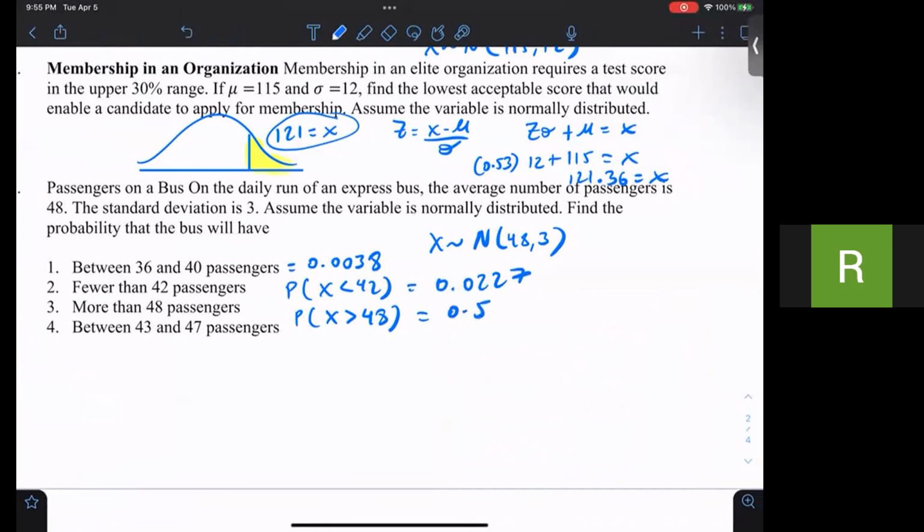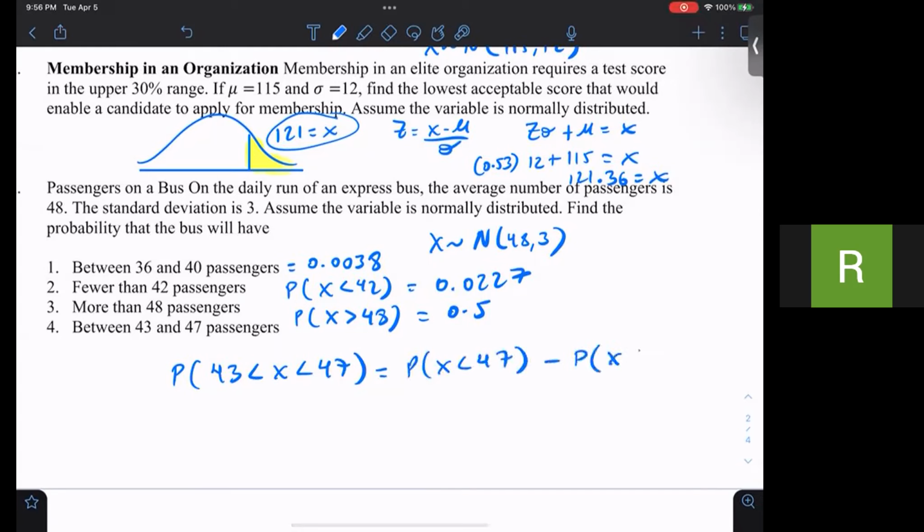And then the last one is between 43 and 47 passengers. So again, the same thing, X less than 47 minus X less than 43. We need to standardize it. 47 minus 48 over sigma, and then minus 43 minus the mean over sigma.